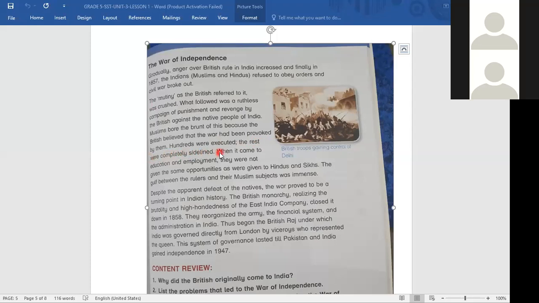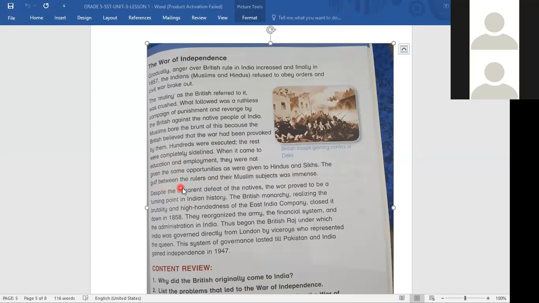Hundreds were executed, the rest were completely sidelined. Okay. When it came to education and employment, they were not given the same opportunities as were given to Hindus and Sikhs.